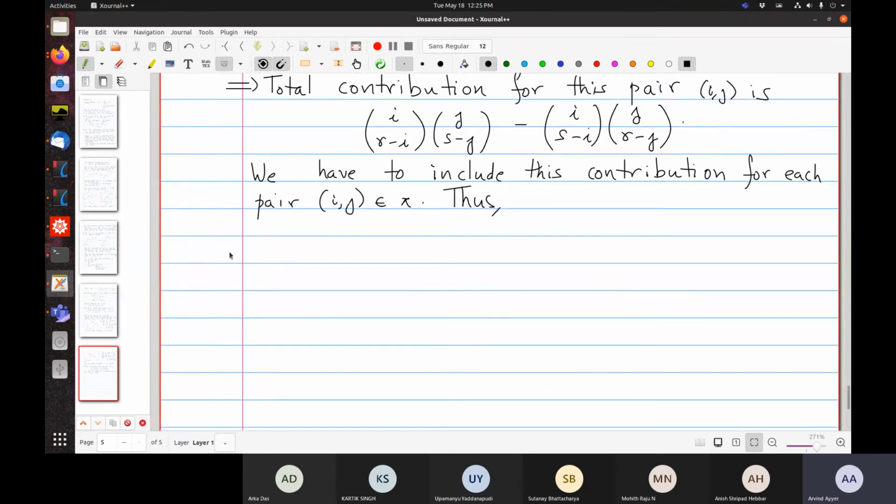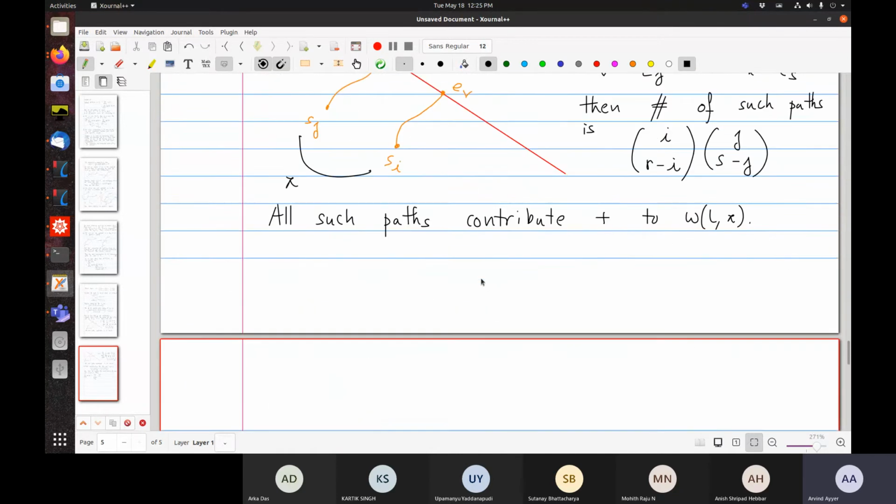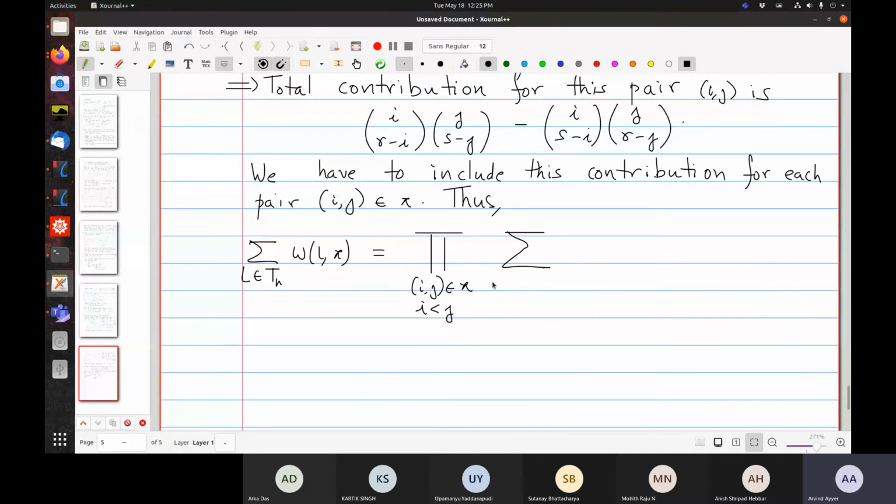So the sum over L in Tn of Wl pi is equal to the product over ij in pi, I less than j, of the sum over I less than or equal to r is less than s is less than or equal to 2j of this fellow: I choose r minus I, j choose s minus j, minus I choose s minus I, j choose r minus j.